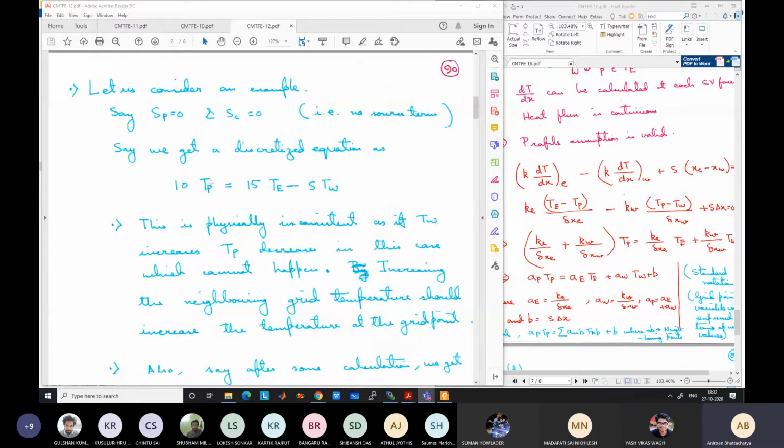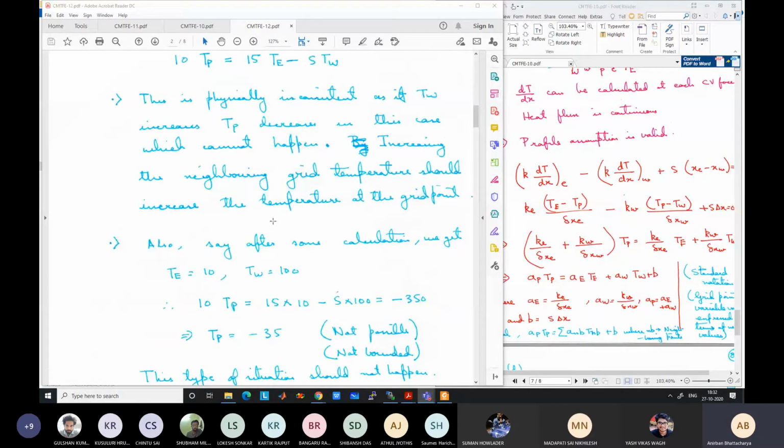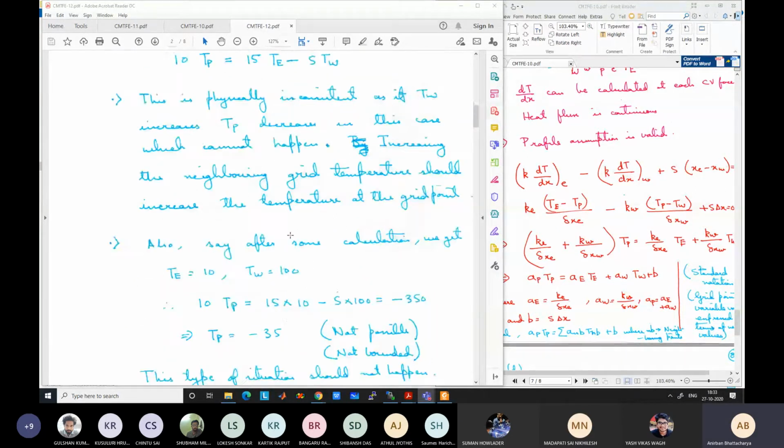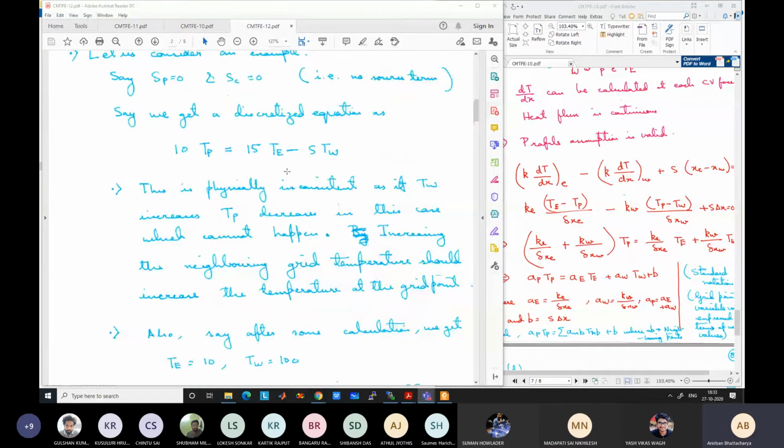So at some intermediate point in calculation, we will get a TP value which is minus 35. This is beyond the bound, because TE is 10, TW is 100, and your temperature has to be between these two values. It cannot go beyond this. Even at intermediate calculation, because it means that we are going towards the wrong direction. So this is not possible because it is not bounded. This type of situation should not arise. That's why this is unphysical.